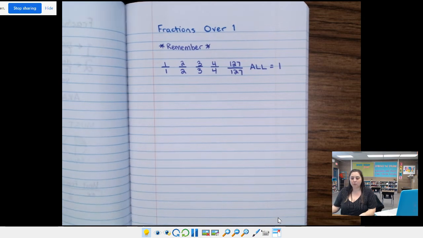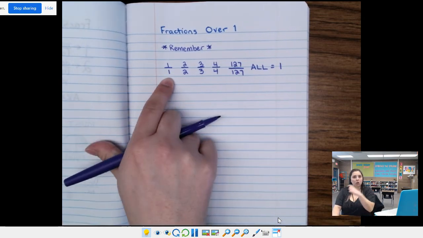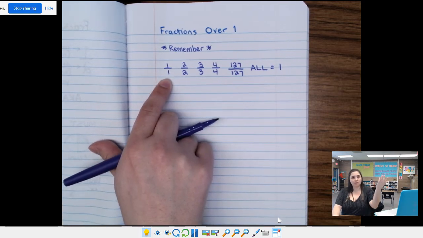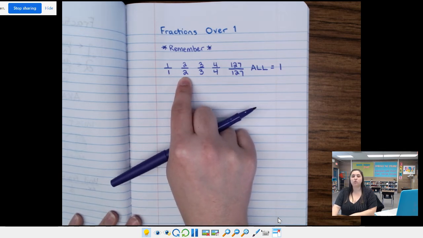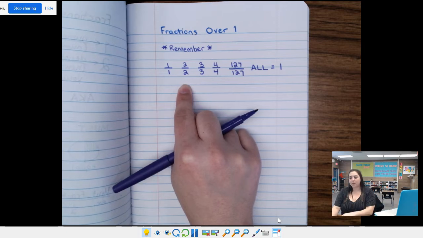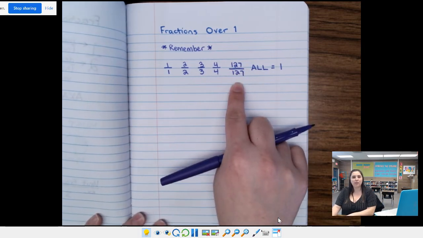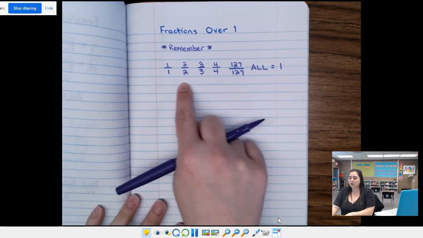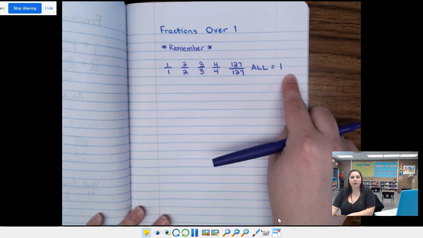So if you have a chocolate bar that is just one solid chocolate bar, if you have one of the one pieces, you have the whole thing. If you have a chocolate bar that's been split into two, if you have two of the two pieces, you have the whole thing. If you have a chocolate bar cut into 127 pieces and you have all 127 pieces, you have the whole thing. So all of these and more would be equal to 1.